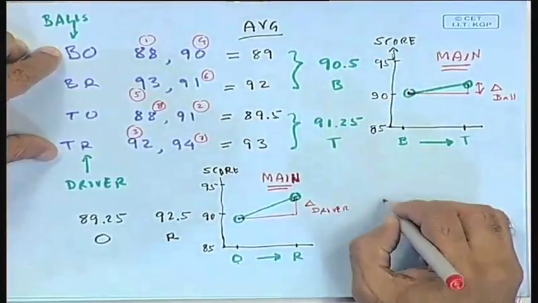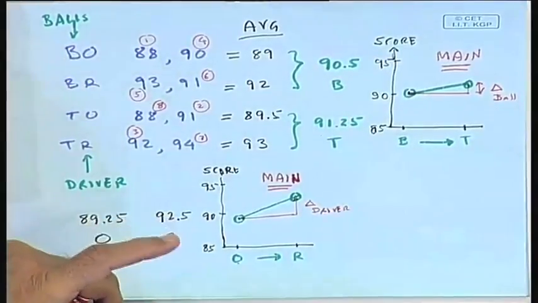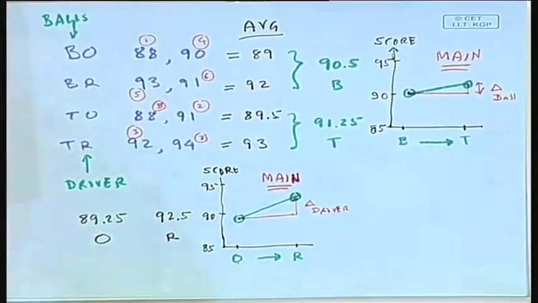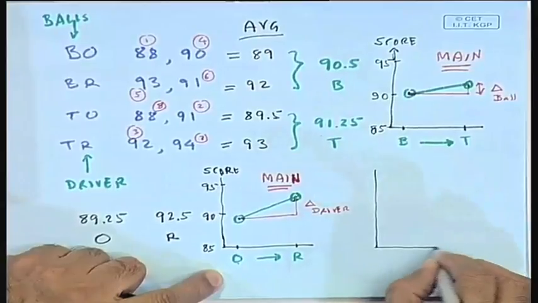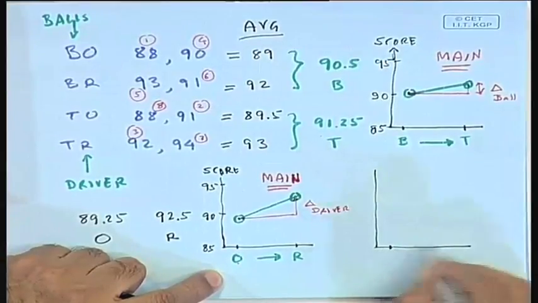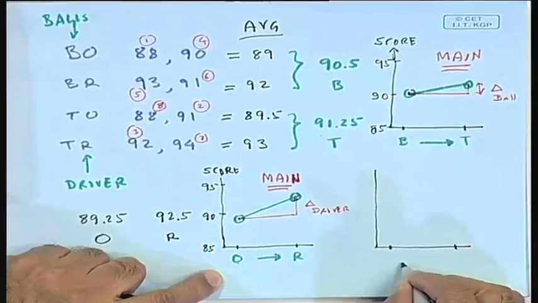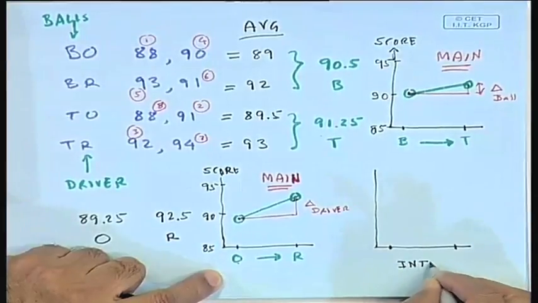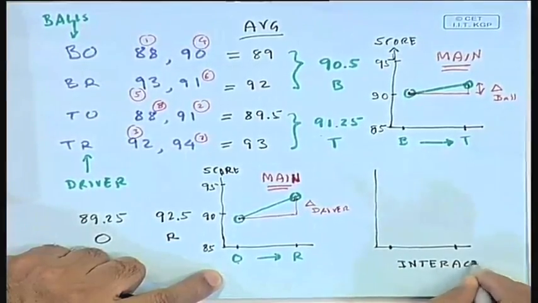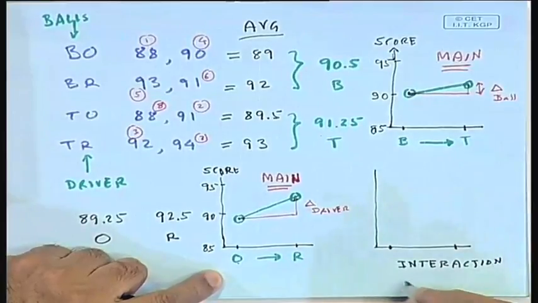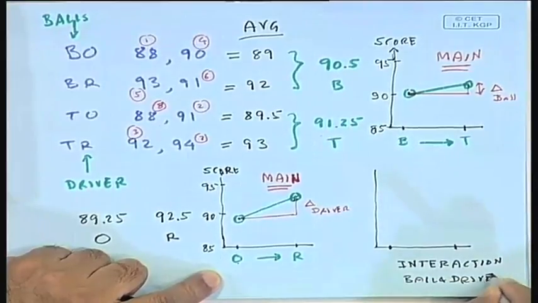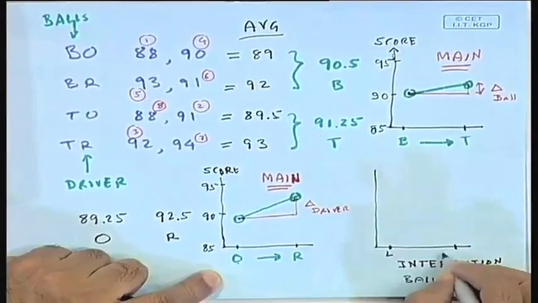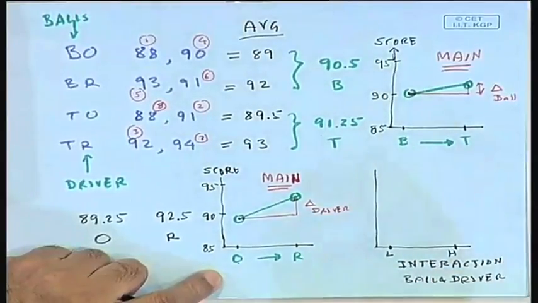I'm going to plot this time the interaction between the two. So my scale here, interaction low and high, and I'll just call it interaction. This interaction is now between ball and driver. Low and high. Let's see how you calculate that.